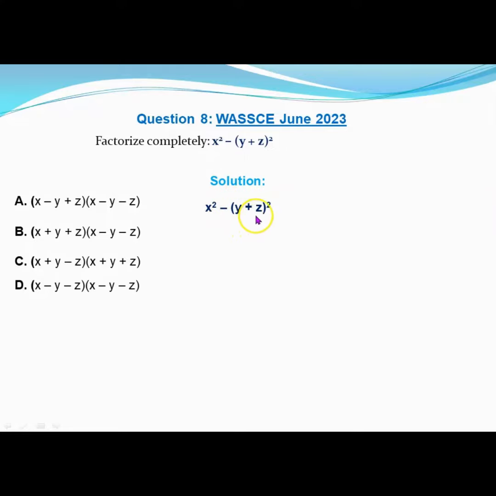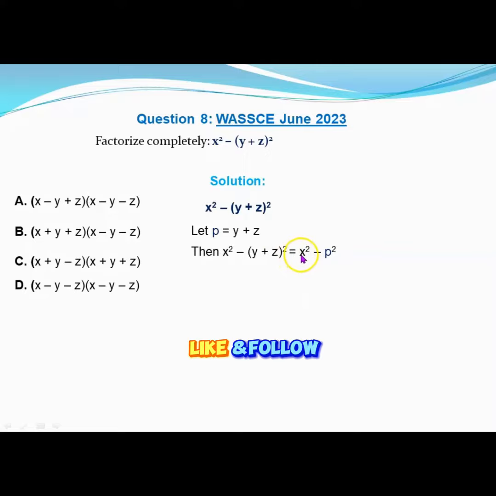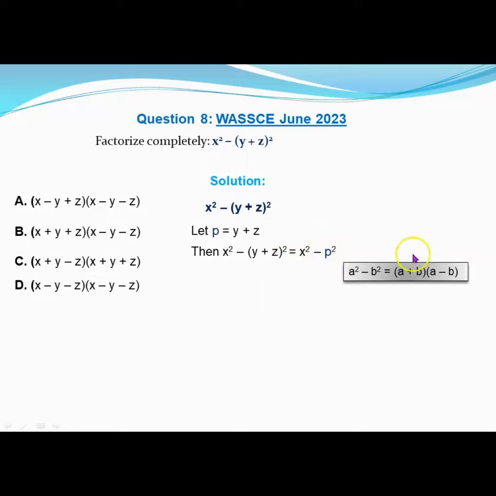So the first thing that we need to do is to say let p equal y plus z. Right. We use p to represent this. So we have x squared minus p squared.